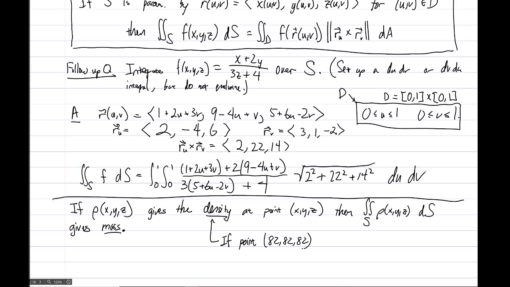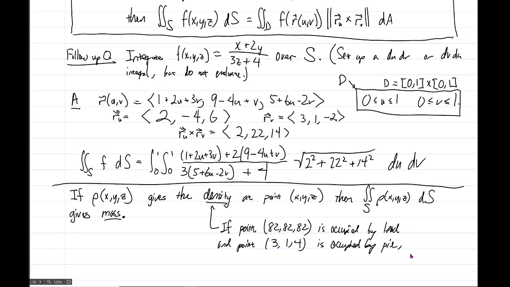If this point is occupied by lead, and the point 3 comma 1 comma 4 is occupied by pie, then rho of 82 comma 82 comma 82 should be a much larger number, not just greater, but really greater than rho of 3 comma 1 comma 4.